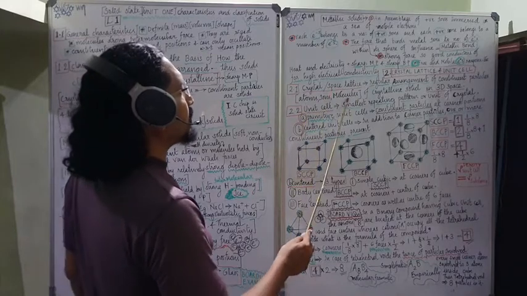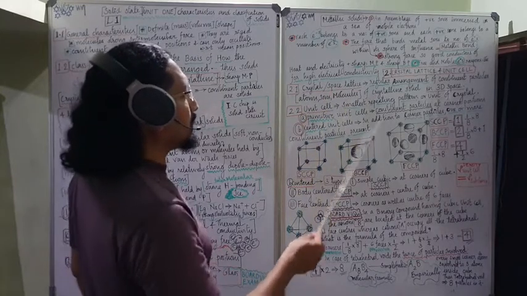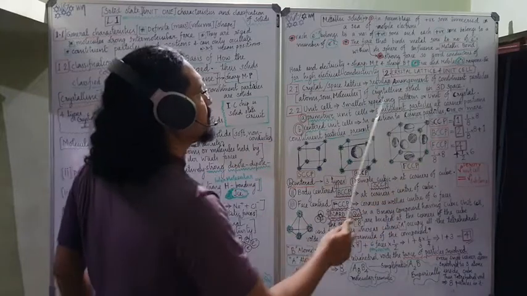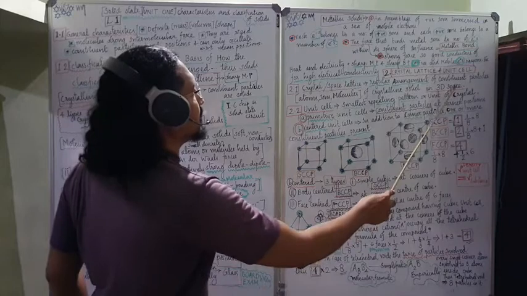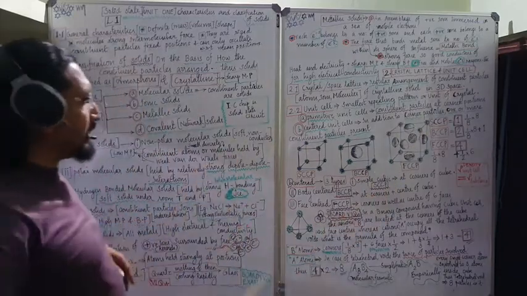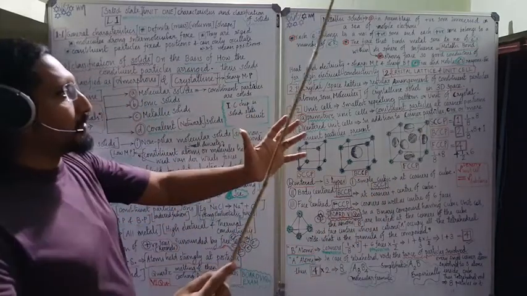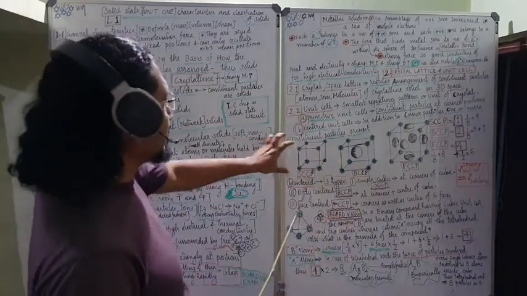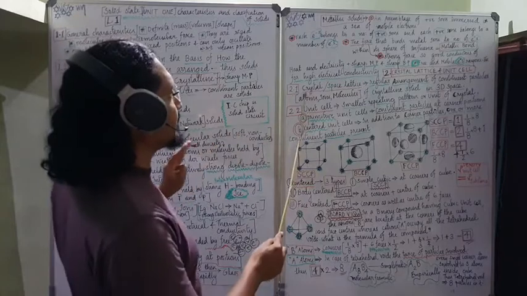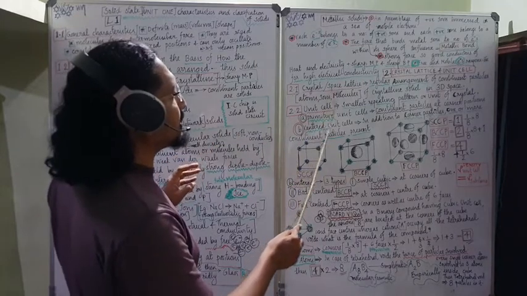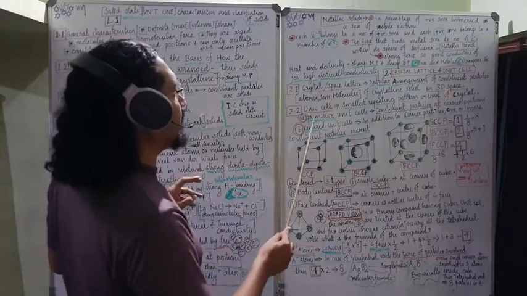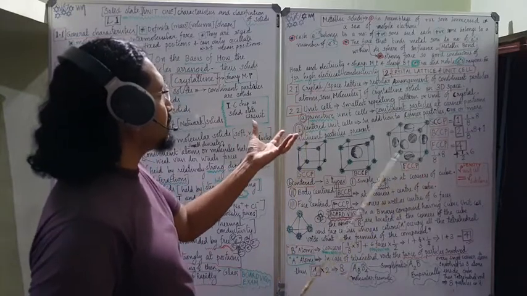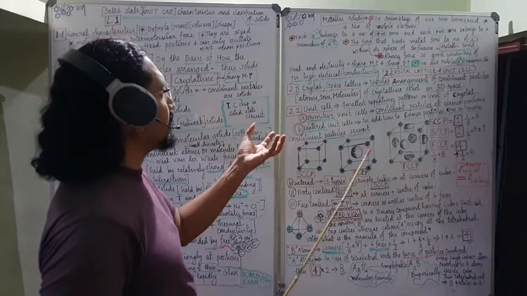The atoms, ions, or molecules are the constituent particles. So it is the regular arrangement of constituent particles of a crystalline solid in 3D space: three-dimensional, with x-axis, y-axis, and z-axis. The space is defined in 3D, and the crystal has a three-dimensional quality.